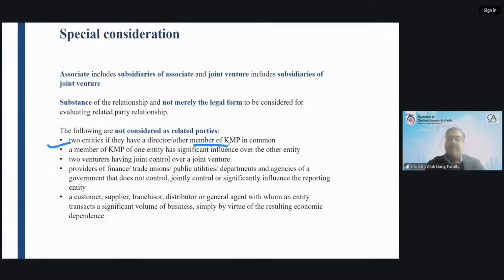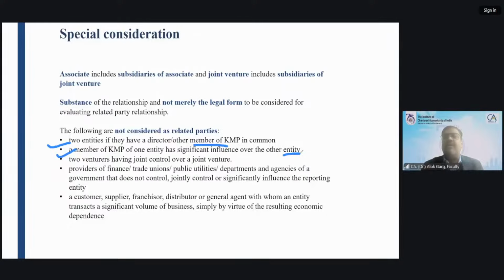A member of the KMP of one entity has significant influence over another entity. So there is a CFO of one entity, so he is a KMP. And this CFO has a significant influence over another entity. So one person, Mr. A is a CFO of X Limited and Mr. A has a significant influence over Y Limited.